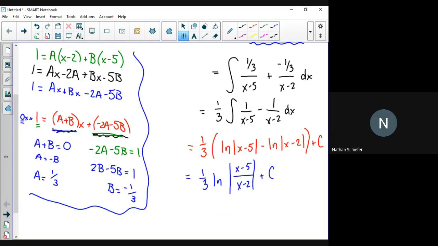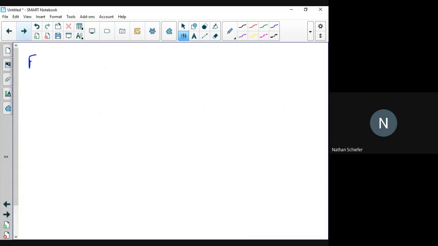Questions on this technique as we move forward? All right. I would like for you to try this one on your own, and then we'll talk. The integral of x plus 2 over x squared plus x dx.